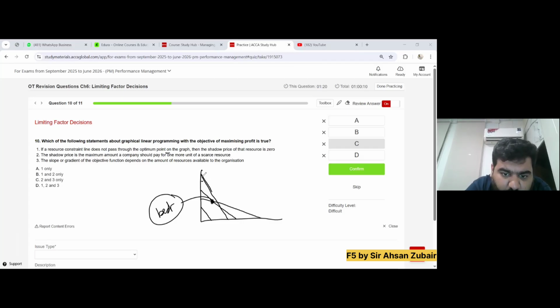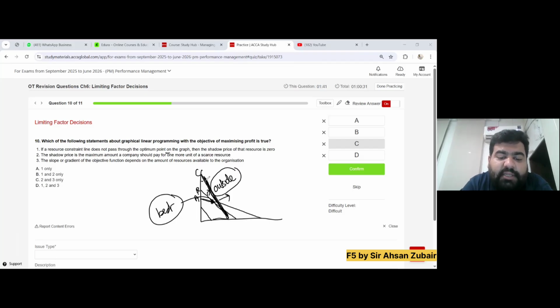Now the line that is not passing through that optimum point is outside the optimum region. If you assume this is line A, this is line B, and this is line C, then A and B intersecting generate the optimum point, but the C line is not on that optimum point, so it's not part of the optimum point.